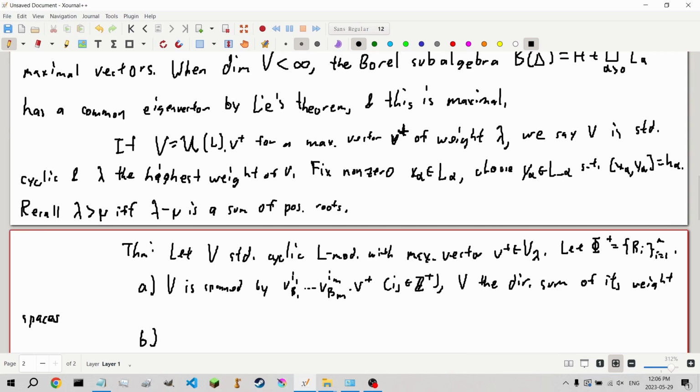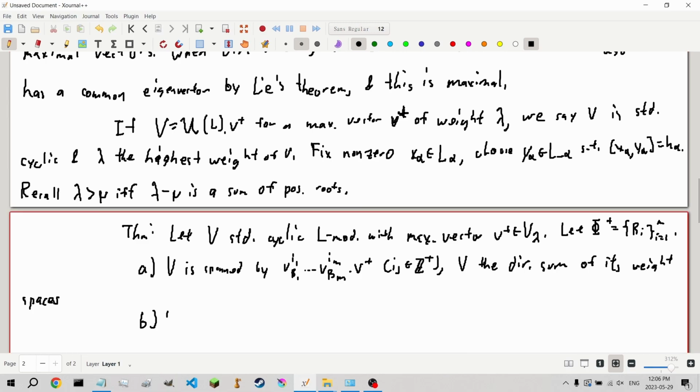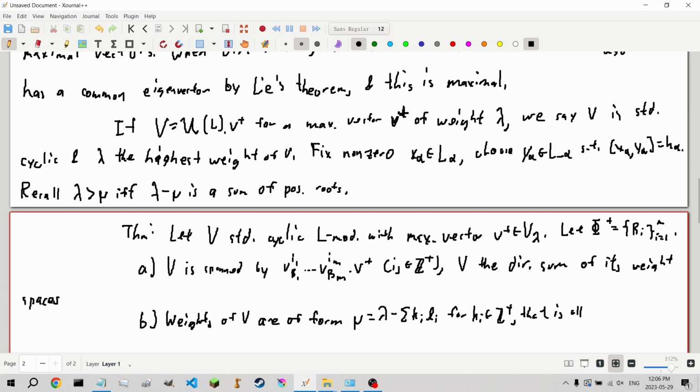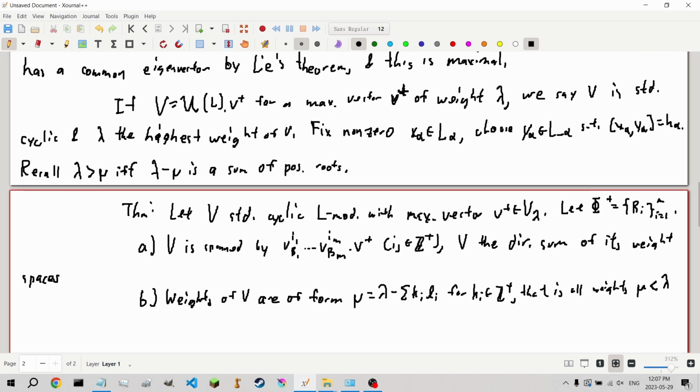Part B, the weights of V are of the form mu equals lambda minus the sum k i alpha i, for k i being positive integers, that is, they always satisfy being less than our maximal weight lambda.